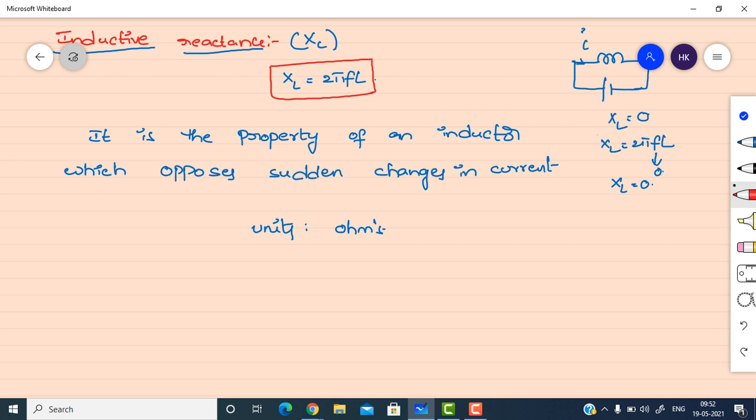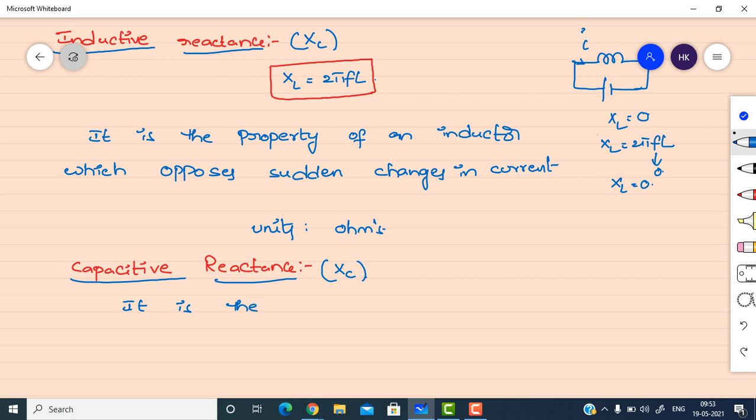Next one, capacitive reactance. Inductive reactance is a property of an inductor. This capacitive reactance is a property of a capacitor, and this is indicated with Xc. I will define this.